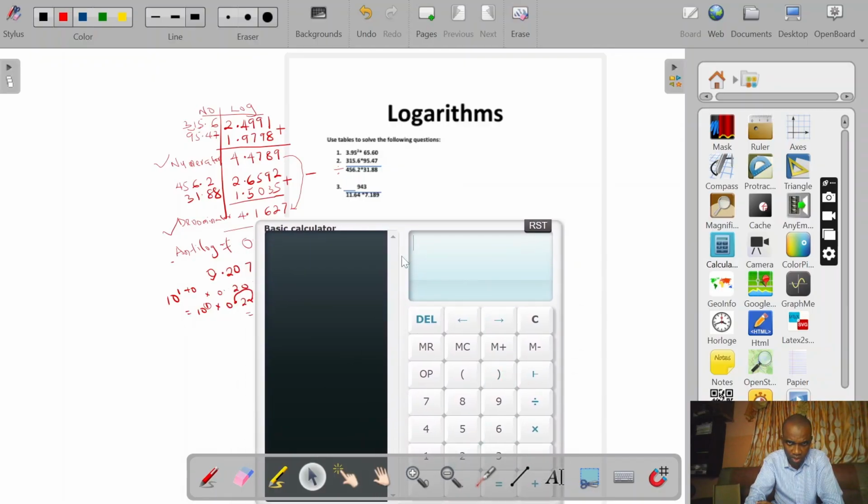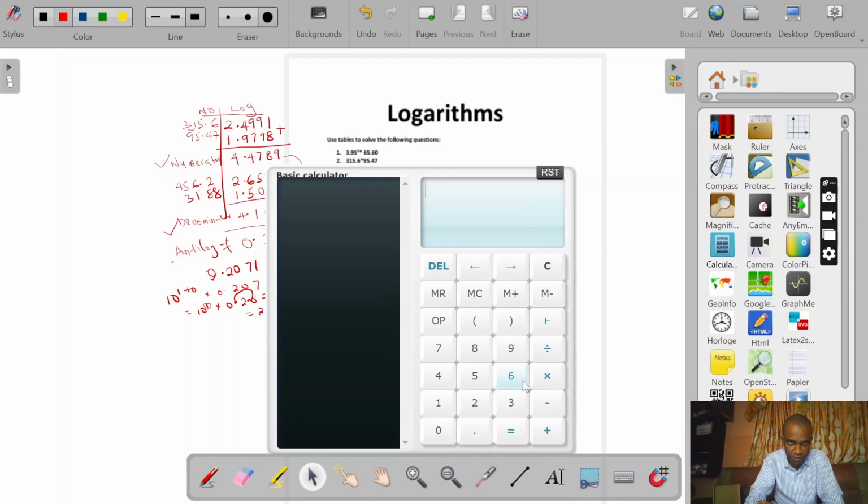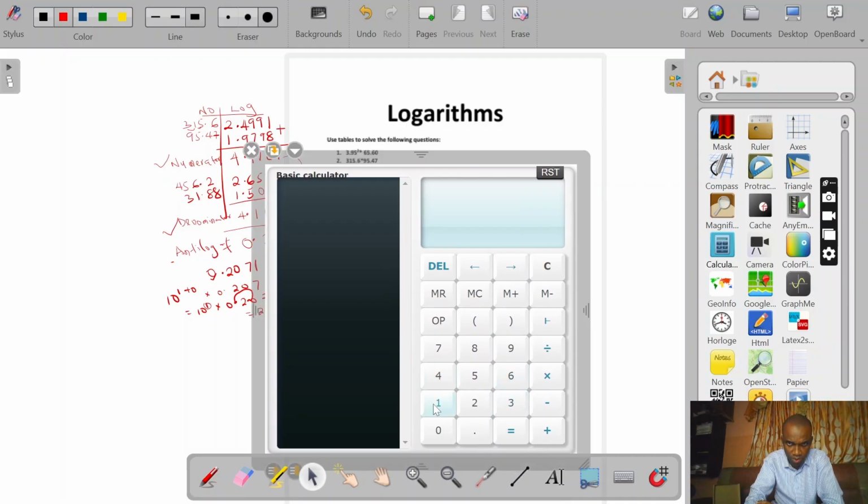Okay, so we have 315.6 times 95.47. The first answer is 30,130.332.